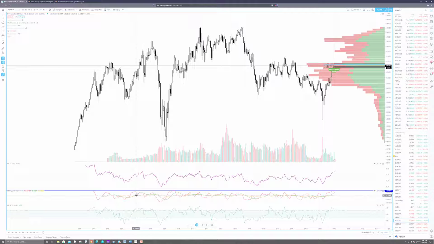Now, do take a look, though, that if we look at these prior ranges, let me just put the vertical lines here. It's a good point to make about why you need to use more than one oscillator to determine if something is too extended or not.